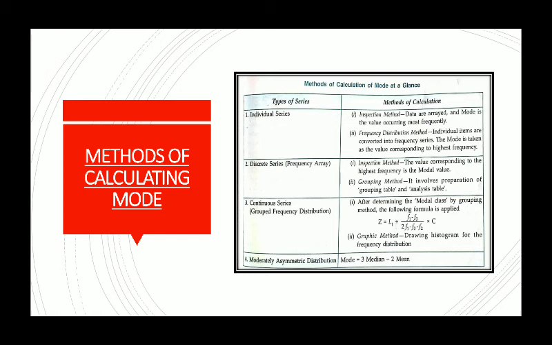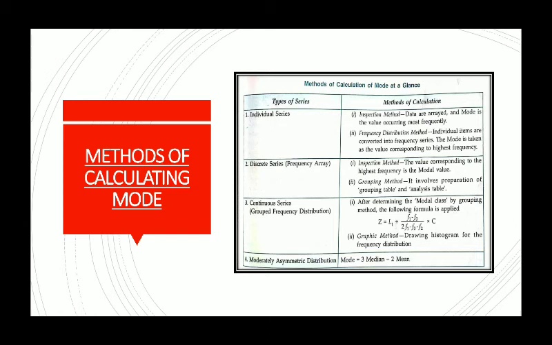The second one is discrete series, where the frequency and the data are already given. So the inspection method can be used, where just by seeing the highest frequency we can say that this is the mode. Or there is a different method called the grouping method, which involves preparation of a grouping table and analysis table to show that exactly this is the mode.